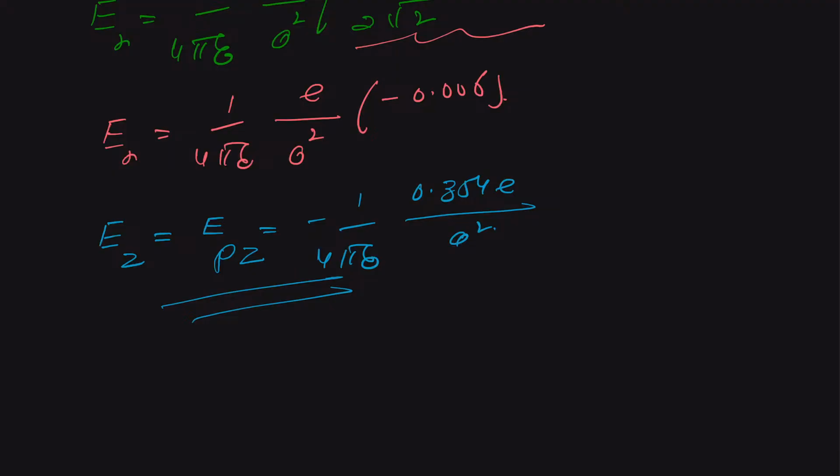Therefore, we can clearly see that whenever the charges are in motion, it changes the value of the electric field. Only the electric field changes, because the number of electrons is not going to change.